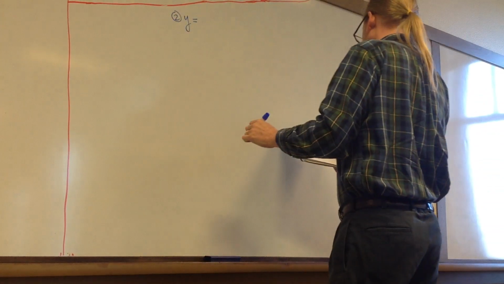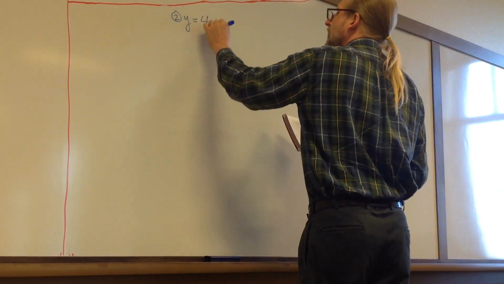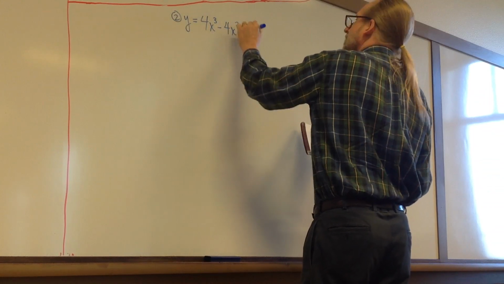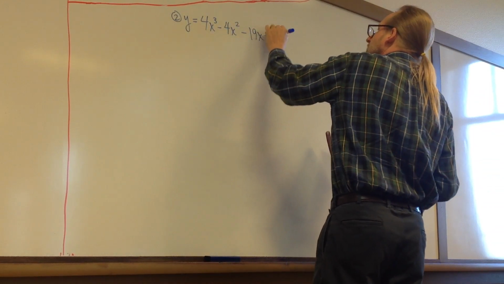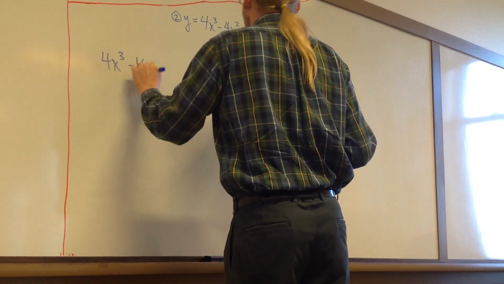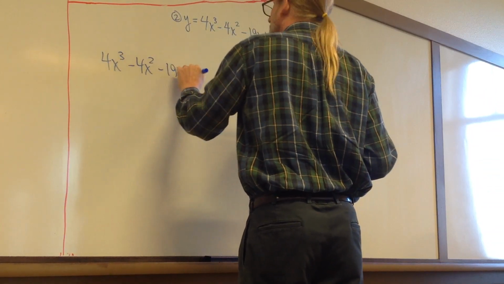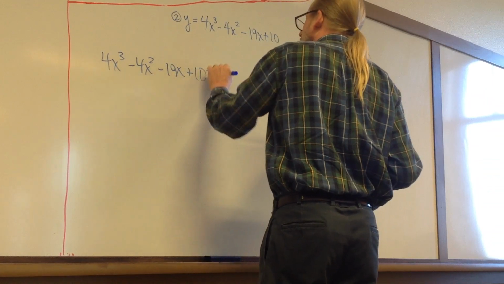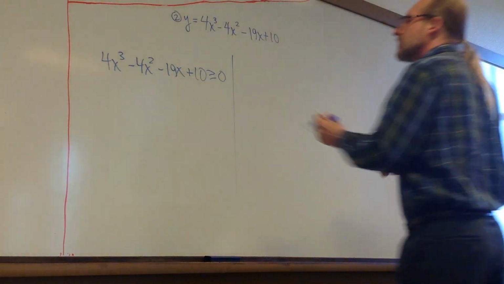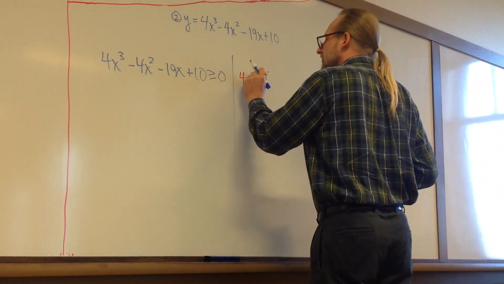We're working with y equals 4x cubed minus 4x squared minus 19x plus 10. And we're being asked two questions: where is this graph greater than or equal to 0? And then also, where is this graph less than 0?